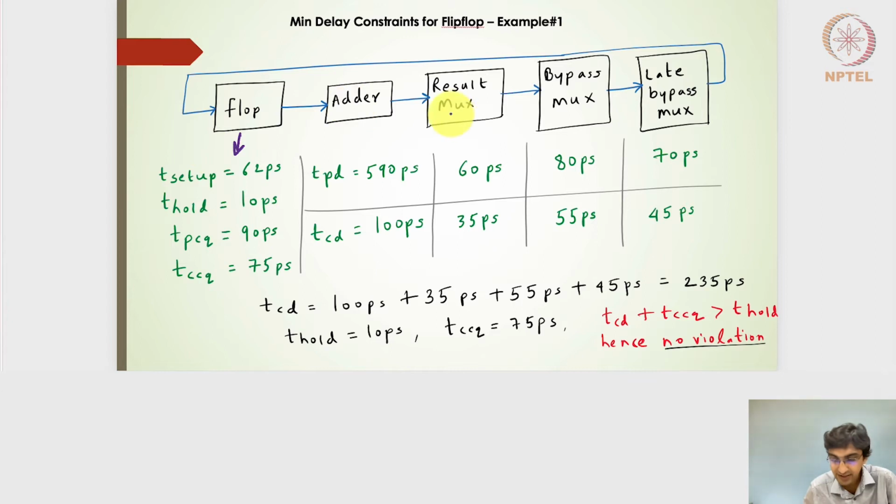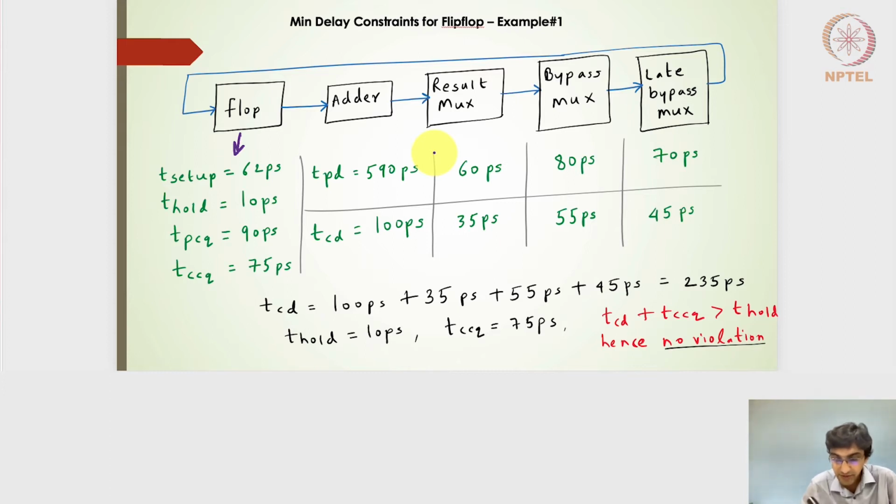And we have an adder, result mux, bypass mux, late bypass mux, which is again going back to the flip-flop design. So we have this set of 4 combinatorial circuit blocks whose characterization in the form of propagation delay and contamination delays are also given in the form of these values.